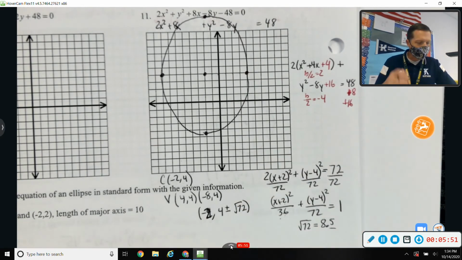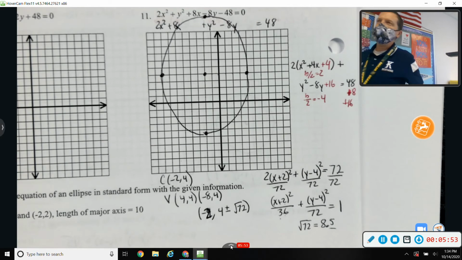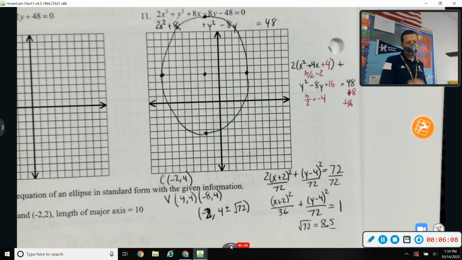And sure, square root of 72 reduces, but we're not in that game anymore. We'll just leave it as square root of 72. So if they land on the grid and you got nice answers, we'll use the nice answers. But if they don't make nice answers, then just use the square root of 72 or whatever it is.